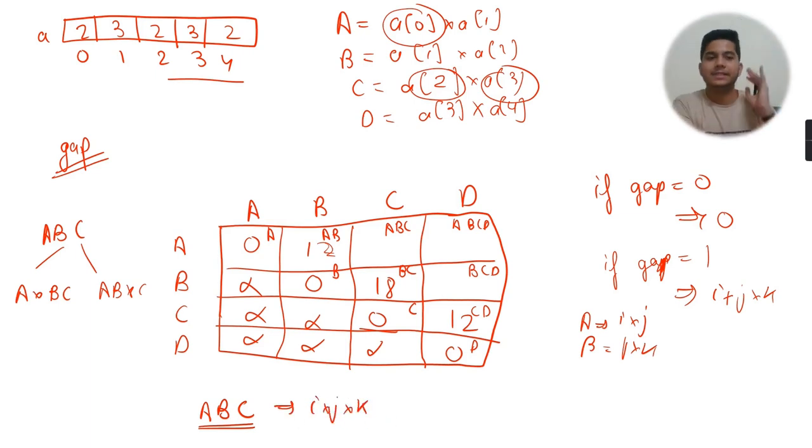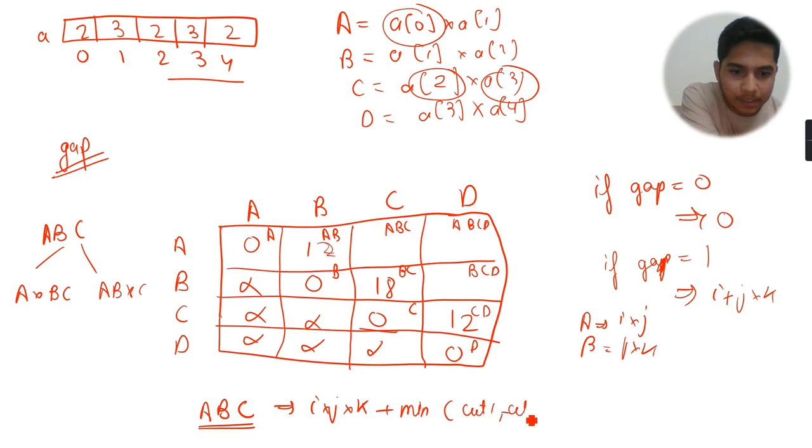We will think about what I, J, K are and how we have to retrieve that later. But for now, I cross J cross K will be here. Now it will be like the minimum of cut 1 and cut 2, or whatever the count of cuts will be, right? We will take that in consideration.